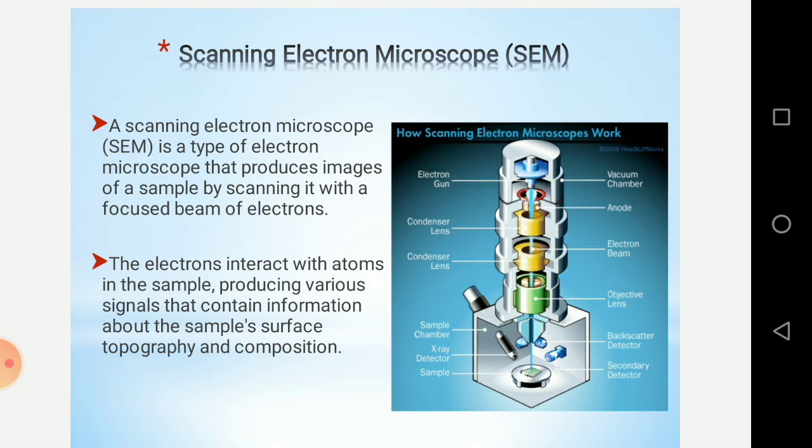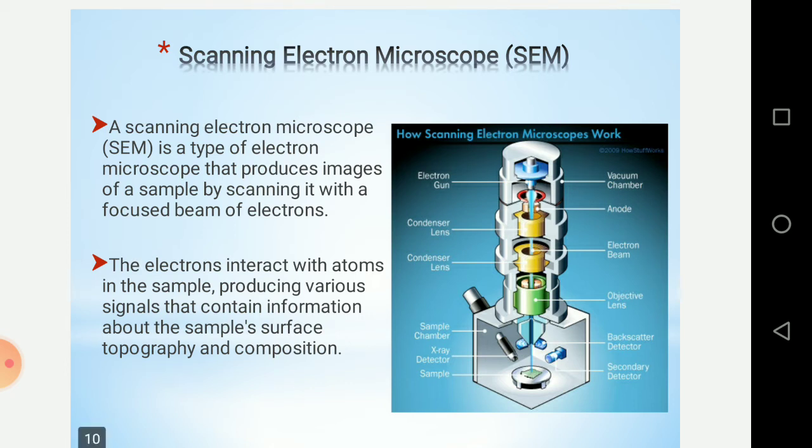A scanning electron microscope is a type of electron microscope that produces an image of a sample by scanning it with a focused beam of electrons. So what they basically do is keep the specimen and pass electrons through it.